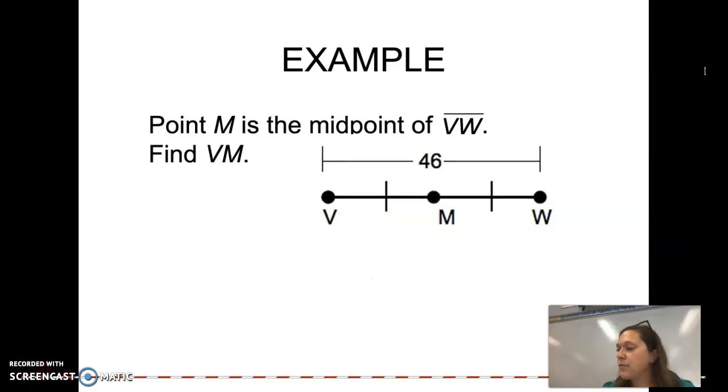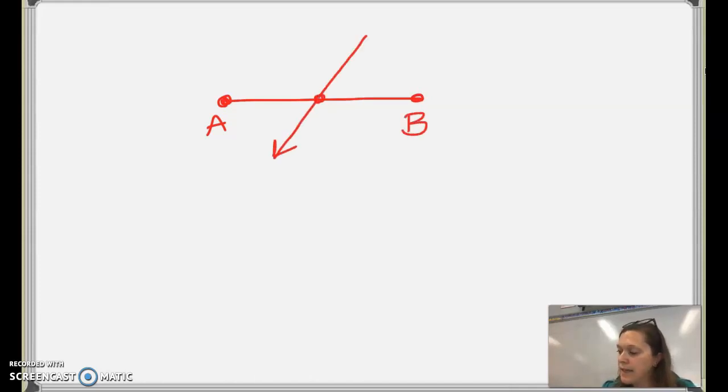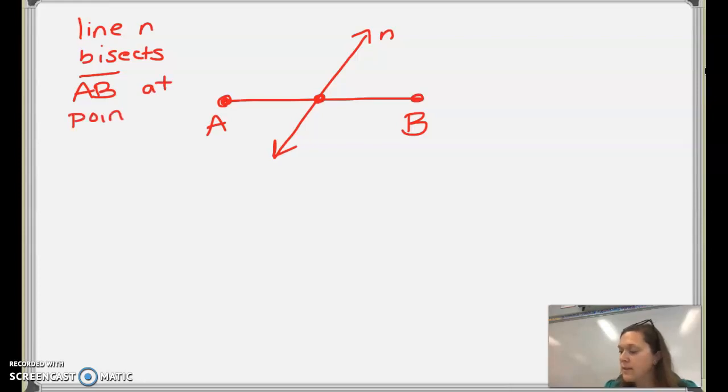Okay, so I'm going to have you try one on your own. Let me quickly make up a new one. Whiteboard, there we go. Okay, so we've got line segment AB. And we have line N. So line N bisects line segment AB at point, let's make that a T, why not?